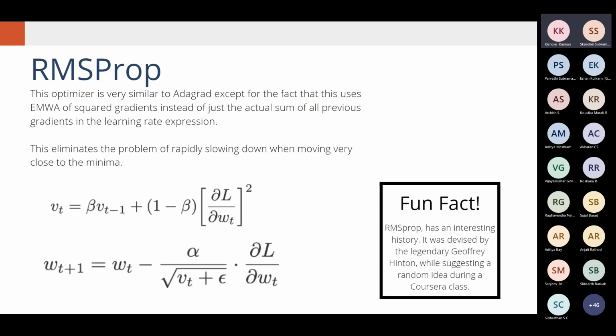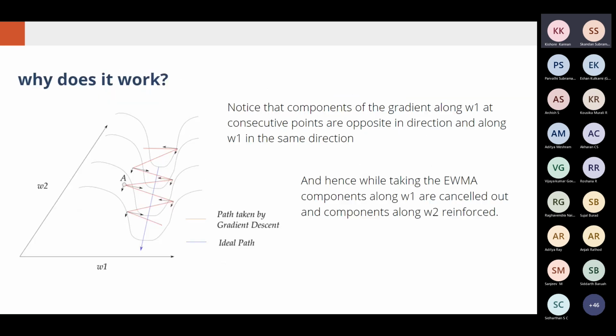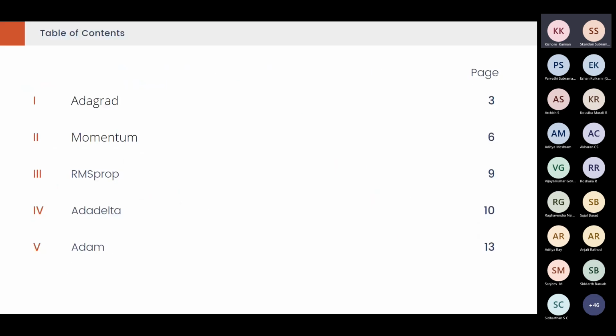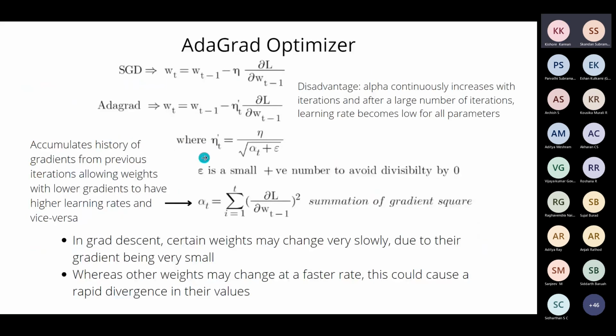Next we'll look at RMSprop, and RMSprop is very similar to Adagrad. So let's look at Adagrad now. You see the formula. The formula for Adagrad is W_t equals W_{t-1} minus eta divided by the square root of alpha_t plus epsilon, times the gradient.